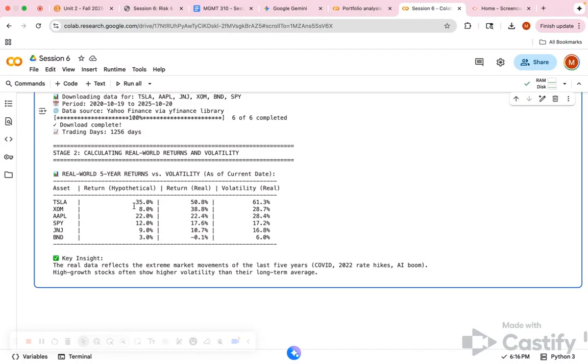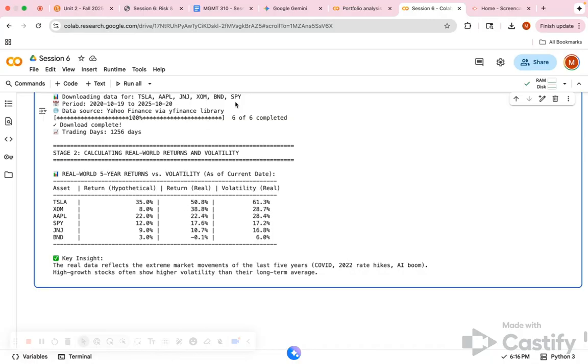And so we see that Tesla's return is much higher in real life, which means that the Sharpe ratio would be higher because it has similar volatility to what it already had. So we go down the list and we see that a lot of these hypothetical ones are similar to their real life ones, but there are some that have really outdone themselves, like this ExxonMobil, 8% to 38%.